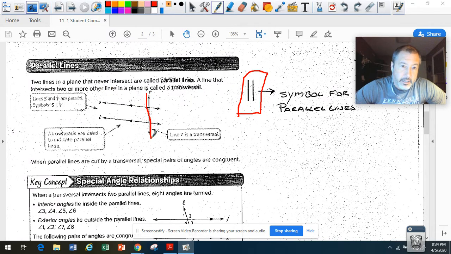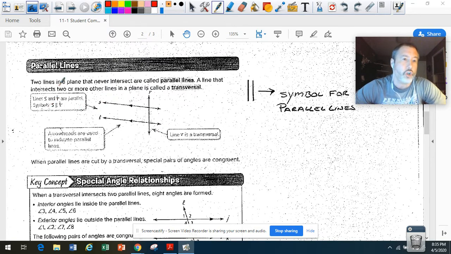This line here is our transversal. It is intersecting line S and line T. So this here, I believe we are calling line V. So this transversal line V is intersecting lines S and T.